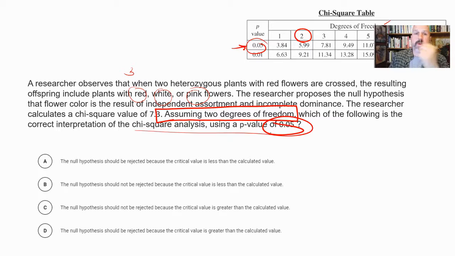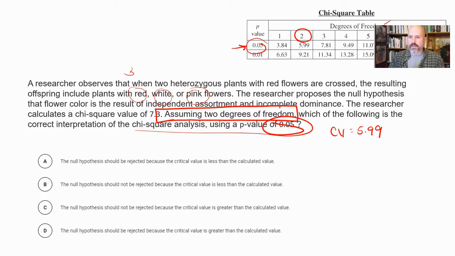Right there, 0.05. I was right. Not that it's a big deal. So my critical value is 5.99, which means the summed-up chi-square has to be lower than 5.99 for me to accept my null hypothesis.